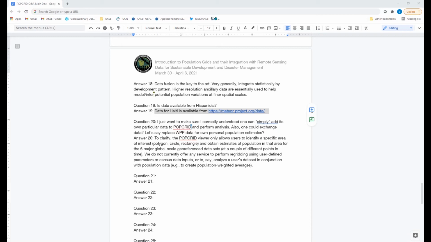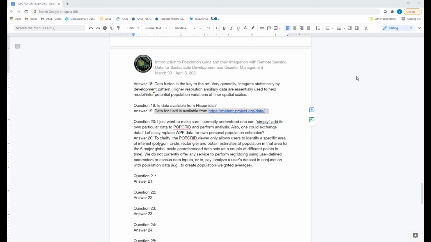Great, and thank you, Bob. I added a sentence because I'm not totally sure what the person means by dealing with the resolutions. From our viewpoint, the issue is that gridded population data based only on, say, census doesn't give you a good understanding of population spatial variations at really fine scales.